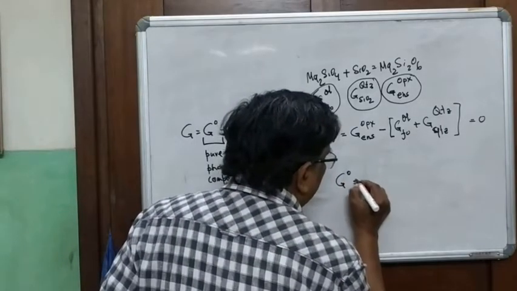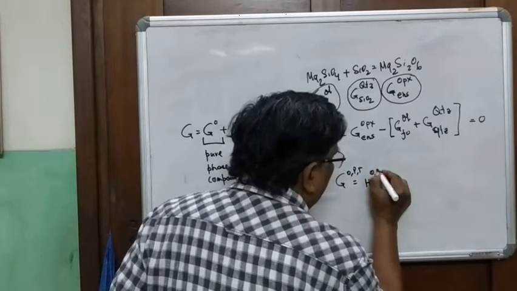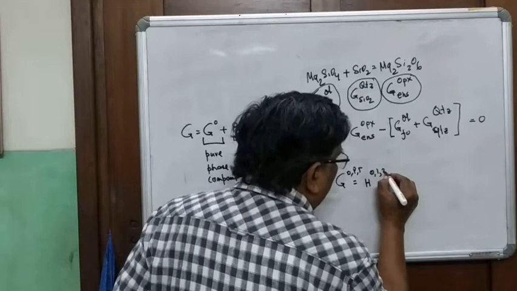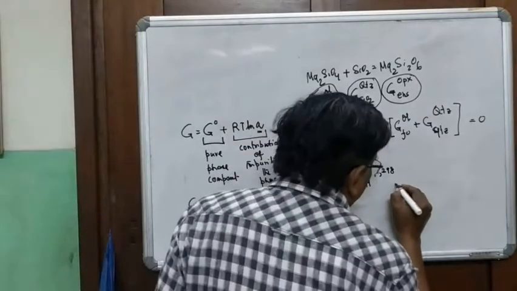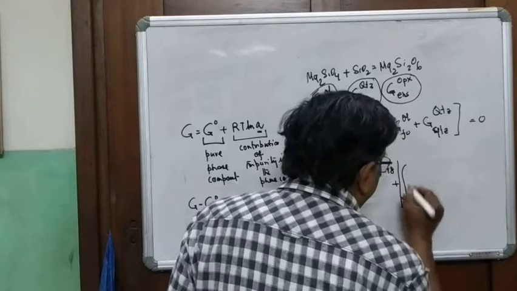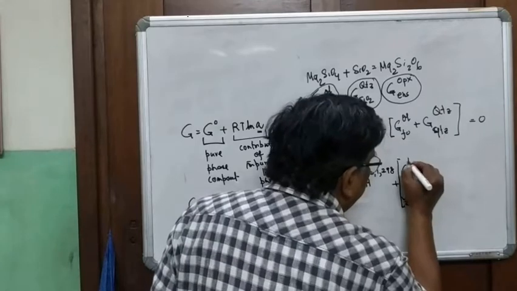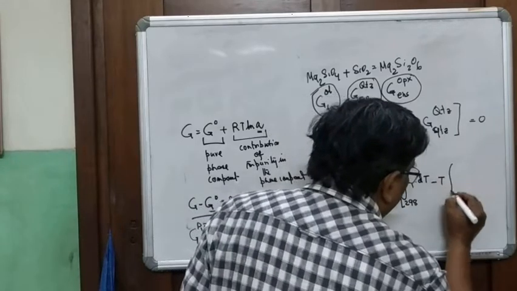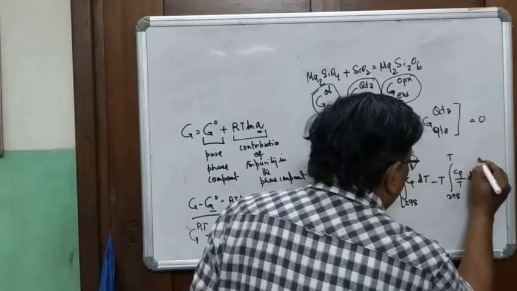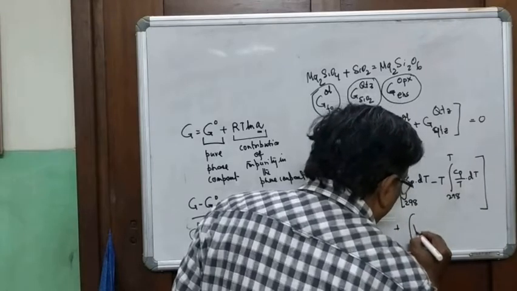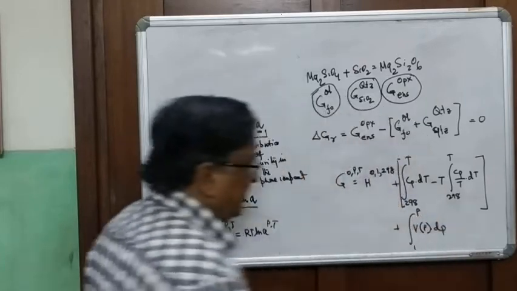G0 PT is equal to H0 at 298, plus the integral of Cp dT from 298 to T, minus T times the integral of Cp by T dT from 298 to T, plus the integral of volume as a function of pressure, V dP, from 1 to P.